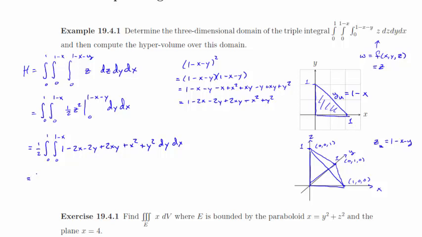So this equals 1/2 integral from 0 to 1. We're integrating with respect to y, so I'm going to get a y minus 2xy minus y squared plus xy squared plus x squared y plus 1/3 y cubed evaluated from 0 to 1 minus x dx.